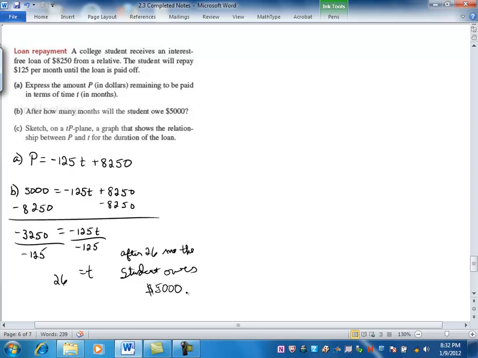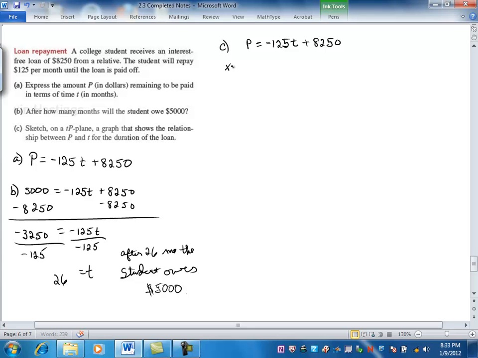And then if we look at part C, we'll just look at our two intercepts here. P equals negative 125t plus 8250.